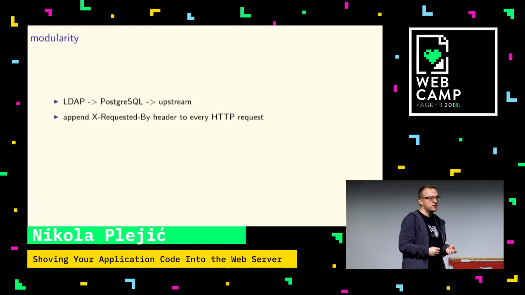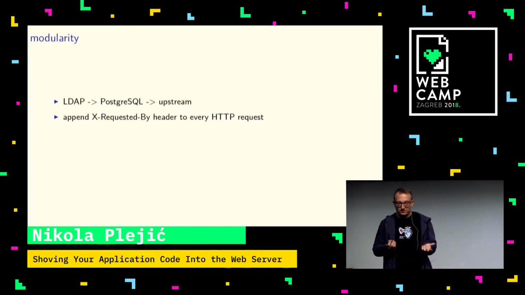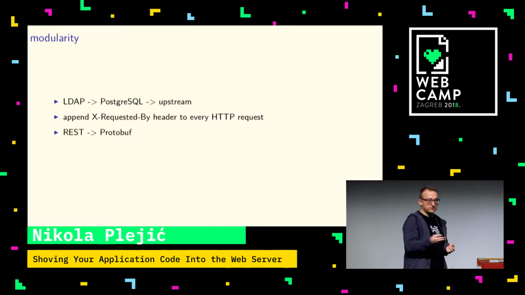The second thing is you might want to add just a little bit of sprinkle to your HTTP requests before forwarding them to upstream. You might add some additional headers that depend on some complex business logic, which is a fairly standard thing for you to expect to do on a web server. You can also change the wire transfer format.